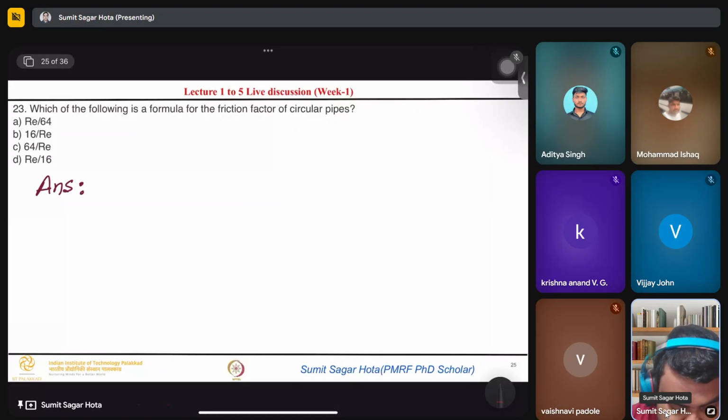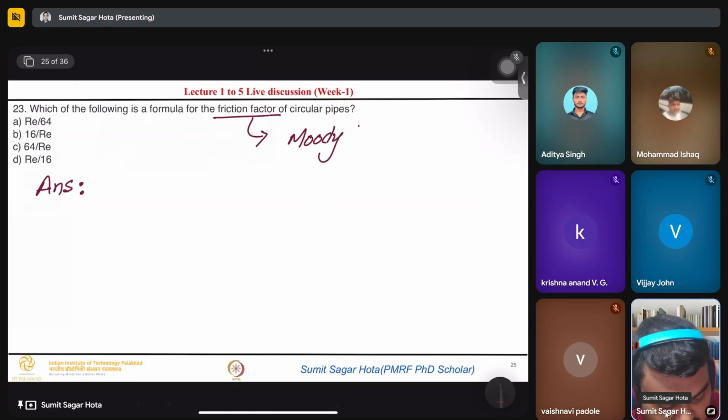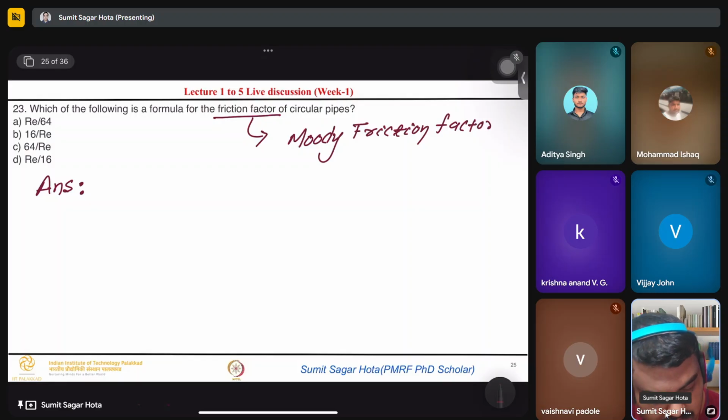More specifically, this friction factor was first invented by Moody, and it is termed the Moody friction factor. So f is equal to 64 by Re.